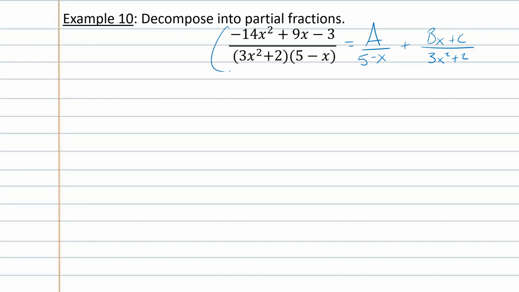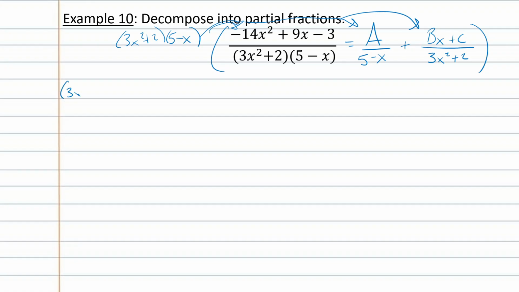Okay, remember we'll then need to multiply both sides by the common denominator on the left-hand side. So we're distributing that to this term, to the a, and to the bx plus c term. I'm going to write it all out. Here we go.